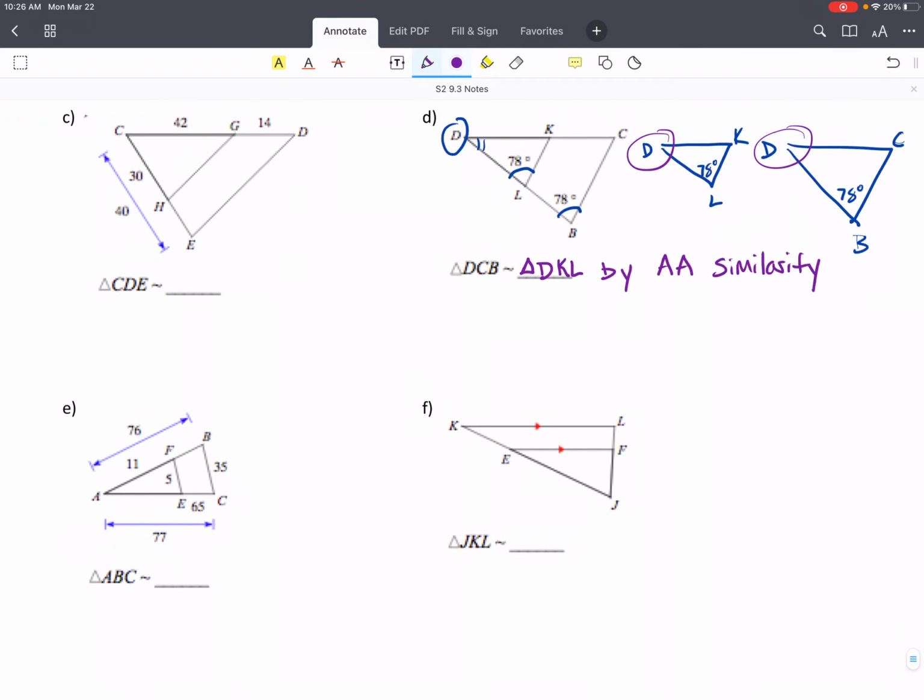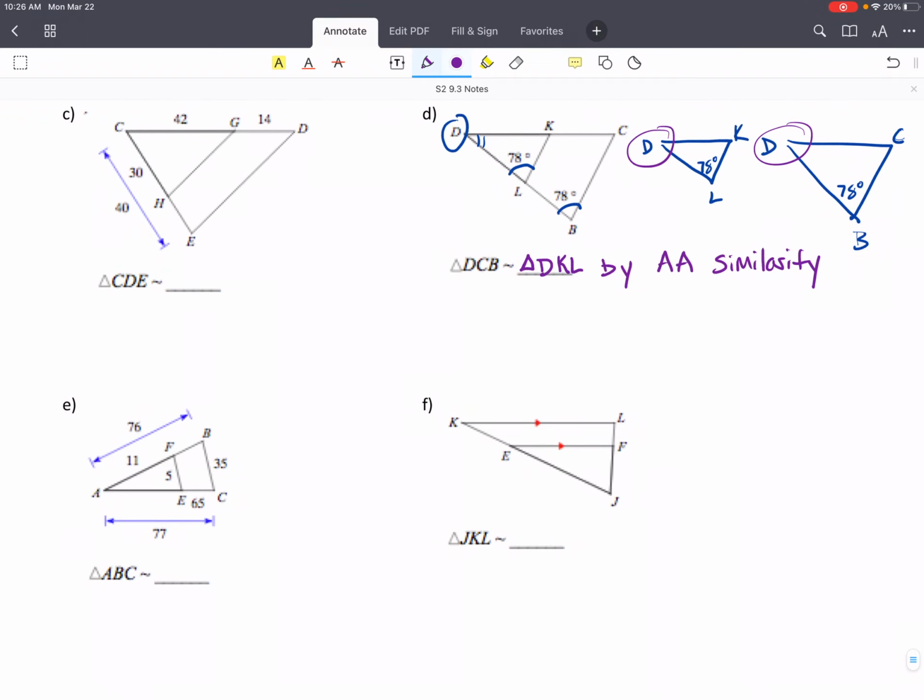And then let's just do part F, because C and E are very similar, pun fully intended. Once again, I'm looking at parallel lines, so I'm just going to extend these out. Okay, when two angles are in the same spot between the top group and the bottom group, those are corresponding angles. So I got one set there.